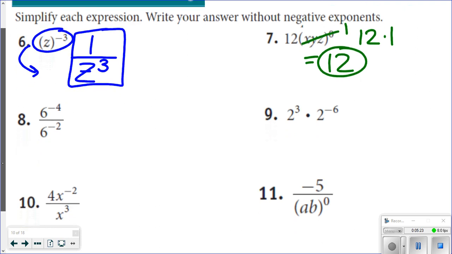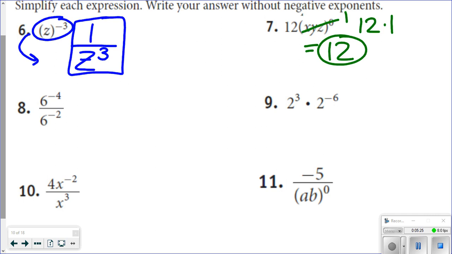Question 8 is a fraction or a quotient. So I keep the base, which is 6, and my graphic organizer tells me to subtract the exponent. So it's negative 4 minus a negative 2. Two negatives make a positive, so this becomes negative 4 plus 2, which is negative 2.